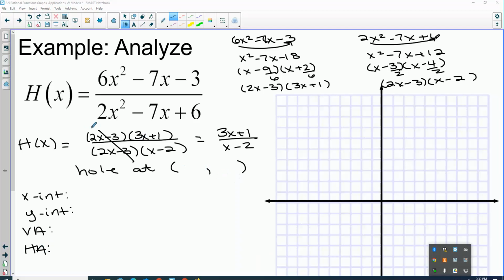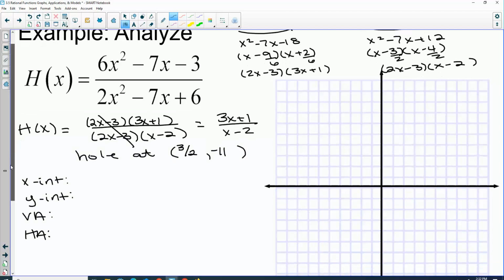So that took a little bit longer, but we do have a 2x minus 3 that cancels. So your hole would be at 3 halves, because that's what makes 2x minus 3 equal 0. If you plug 3 halves into what's left, what do you get out? -11. Okay.